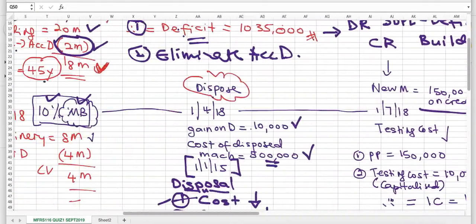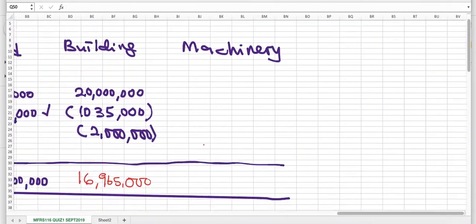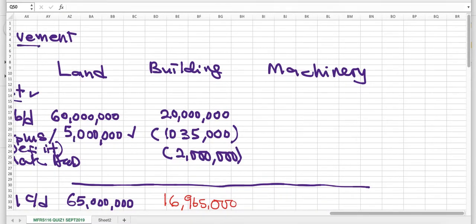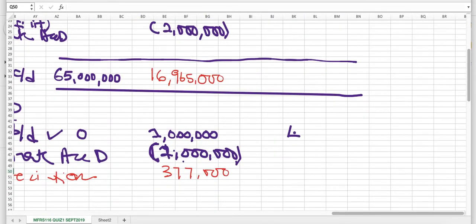So we go here to the schedule. We put in the cost first. 8 million and 4 million here is at the beginning. So we put in 8 million and 4 million. 8 million is the cost and 4 million is the accumulated depreciation.